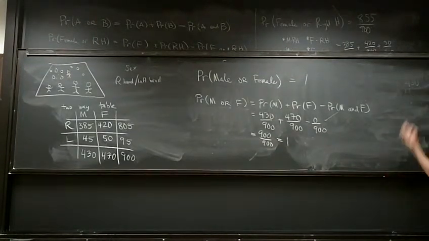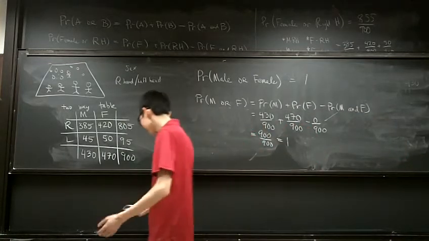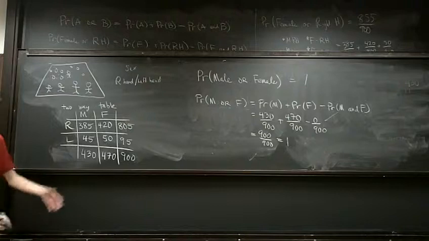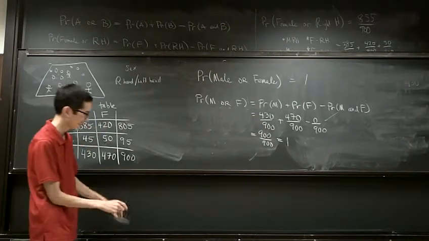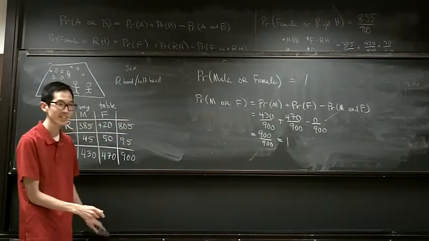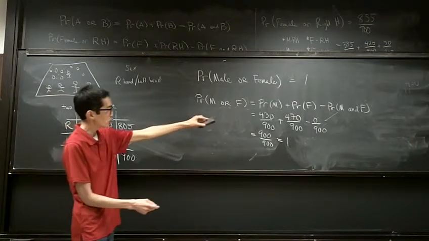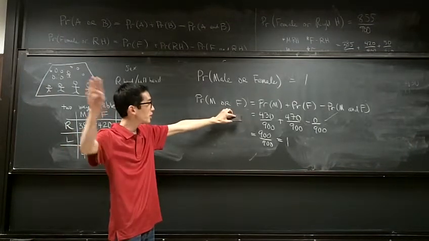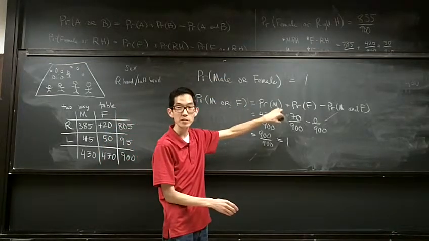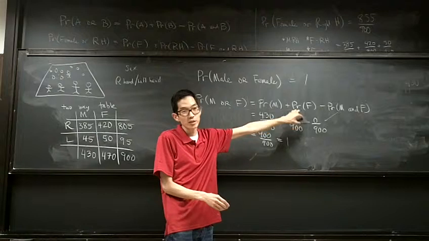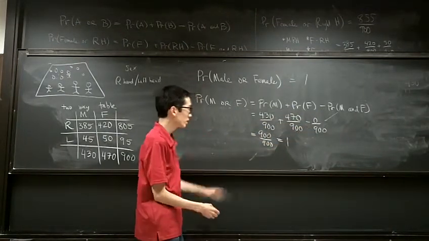There's an exception to everything, and yes, we do have people who are both male and female, and that's fine. But in our simplified worldview, that's how it goes. So I've got the probability of male is this, plus the probability of female is this, and I subtract off the "and" part, which in this case is 0.